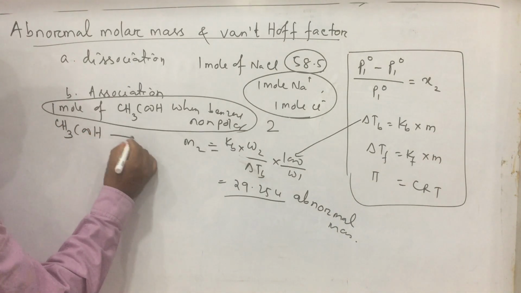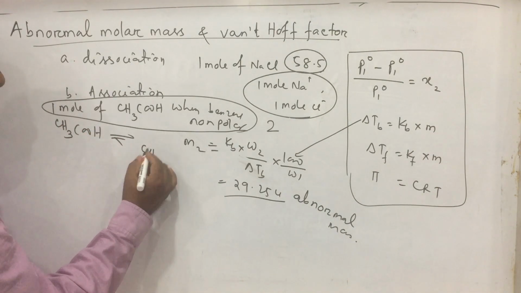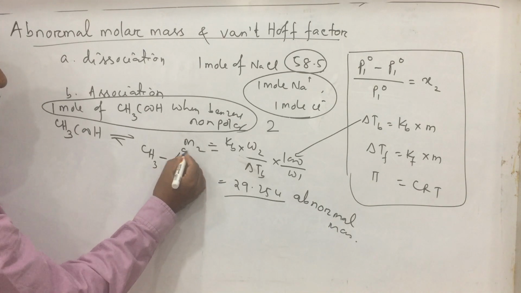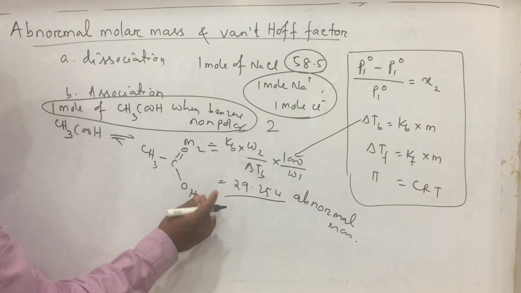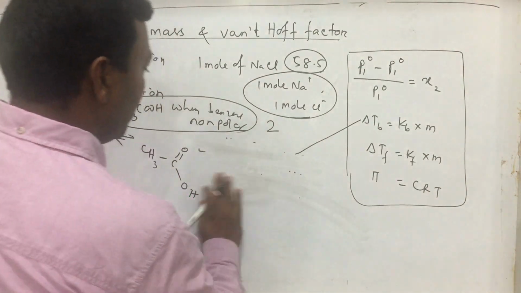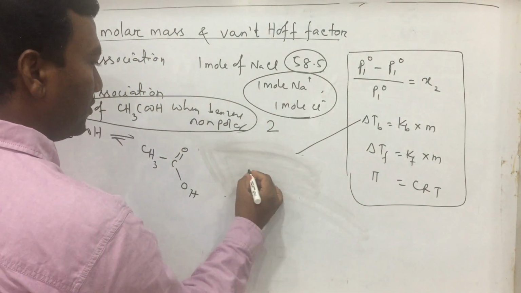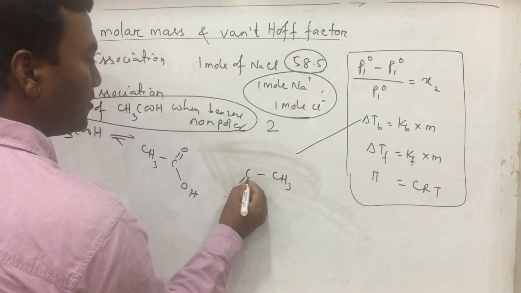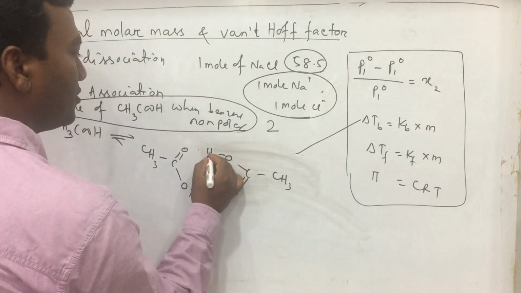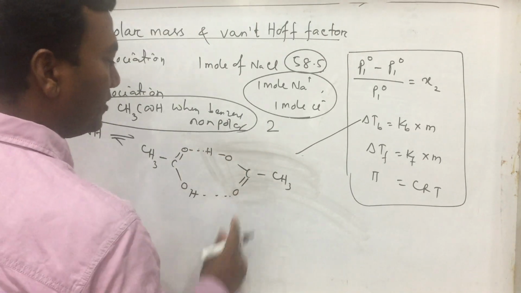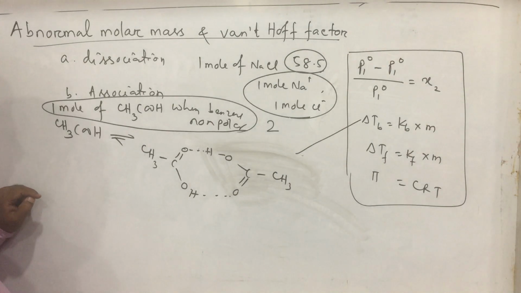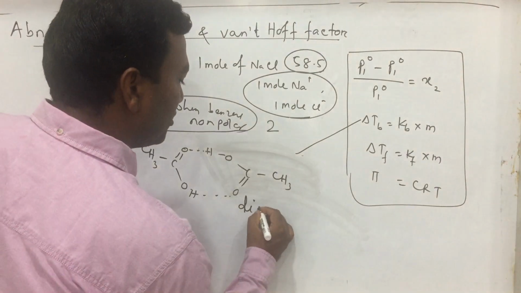Acetic acid is CH3C double bond O single bond OH, and here also CH3C double bond O single bond OH. This is called intermolecular hydrogen bonding, so it undergoes dimerization.